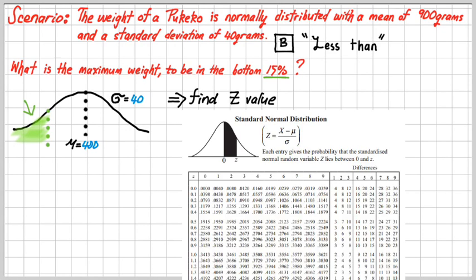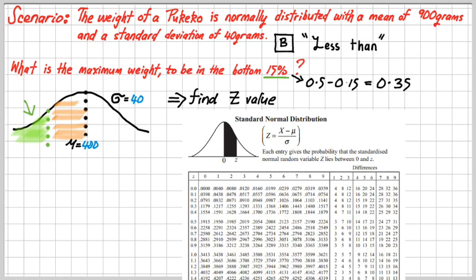So let's find the Z value. What probability do we need to actually look up in the body of the table? Well, again, it's that orange bit there. We get that by taking the 50%, which is half the distribution, 0.5, and subtracting 0.15. So what we're looking for is 0.35.